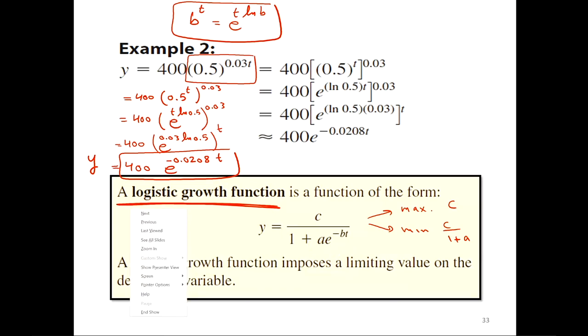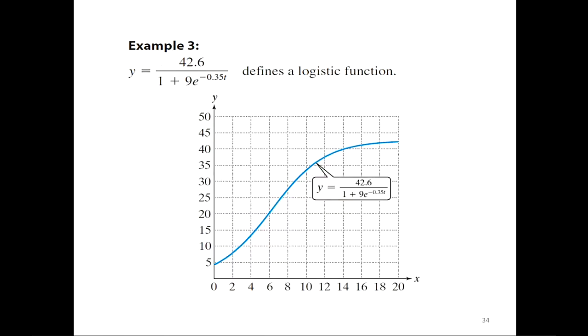Okay, an example about this. The function goes to the maximum C, which is 42.6, and this is the minimum, divided by 1 plus 9.